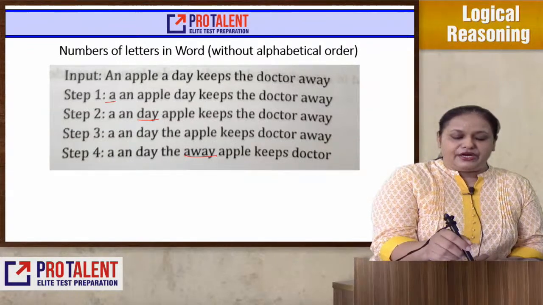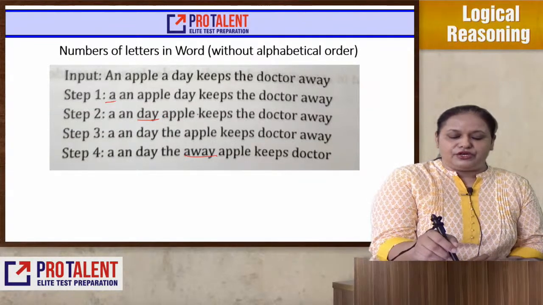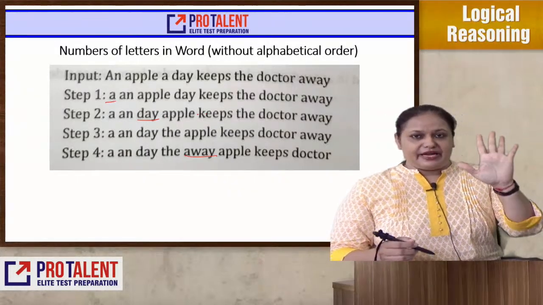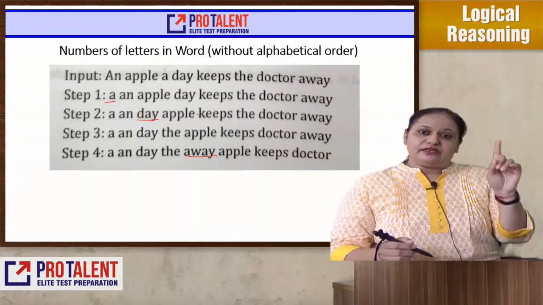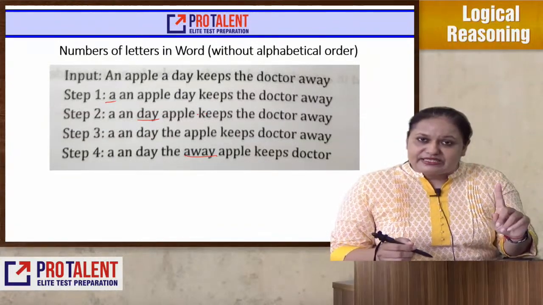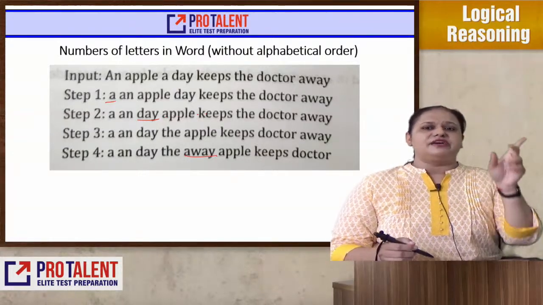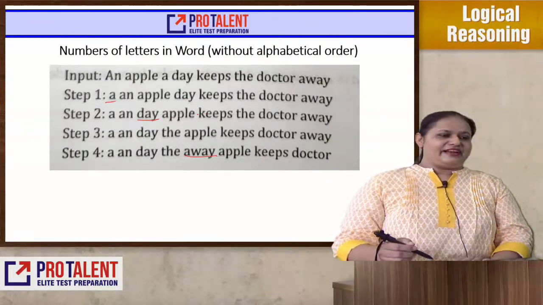In apple, there are 5 letters, and keeps, again, is a 5 letter word. So here, when the same number of letters are there, we will be applying the logic of alphabetical or reverse alphabetical order, right? Fine.